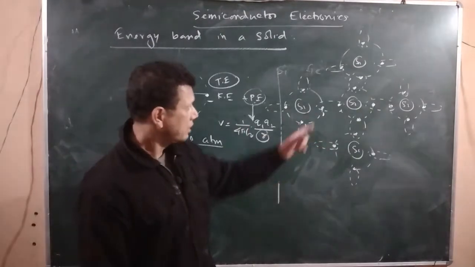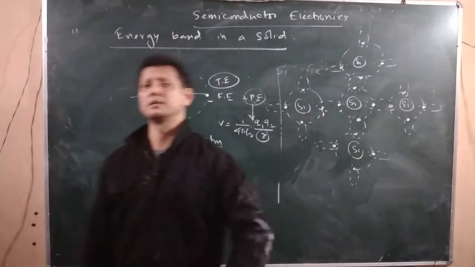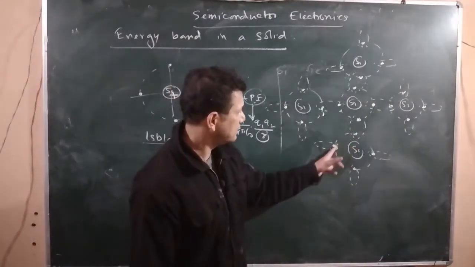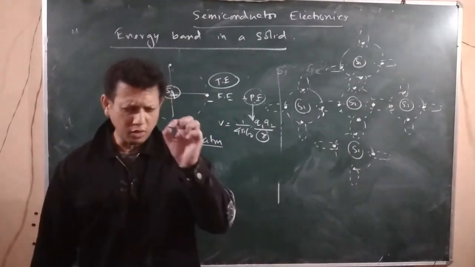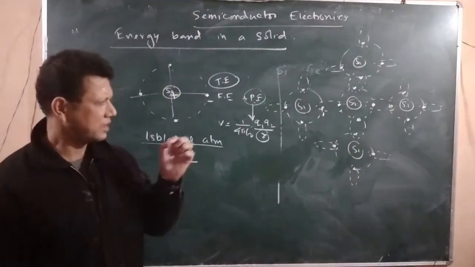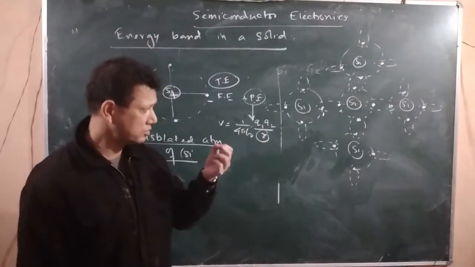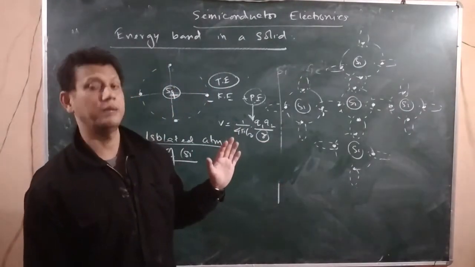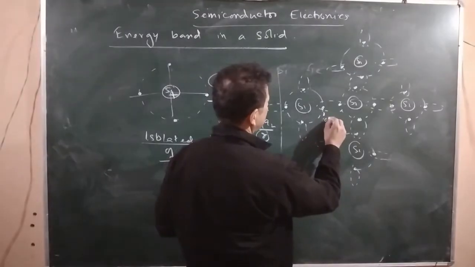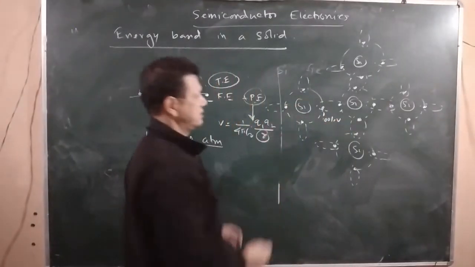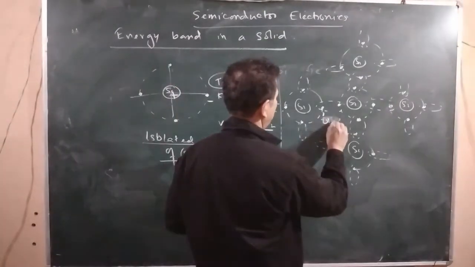So as a whole, each of these valence electrons will never possess the same energy. The energy of each valence electron will change, at least by a small fraction, and they will never be the same. For example, I gave the first one 0.001 electron volt, just as an example, and suppose the next one is 0.01 electron volt.